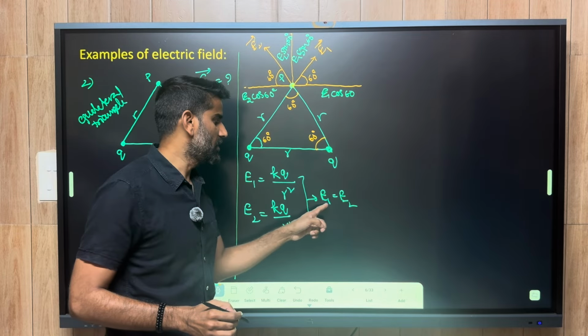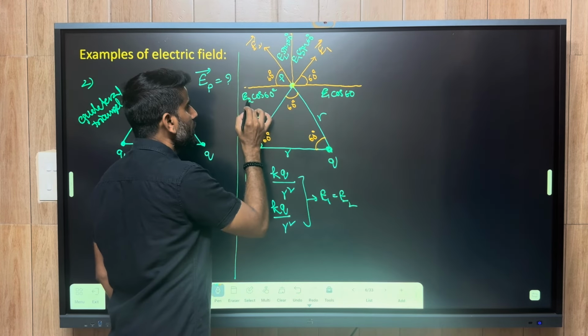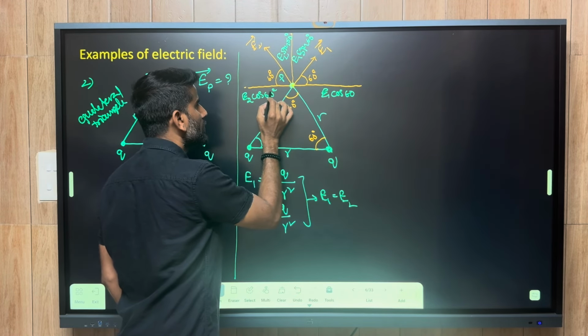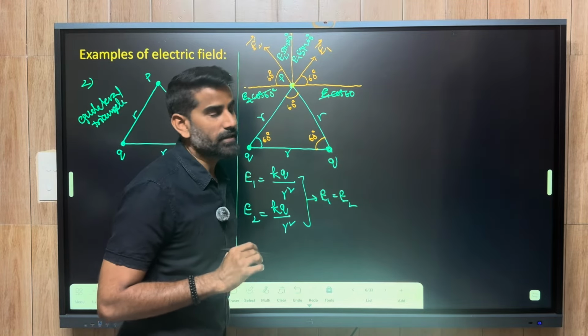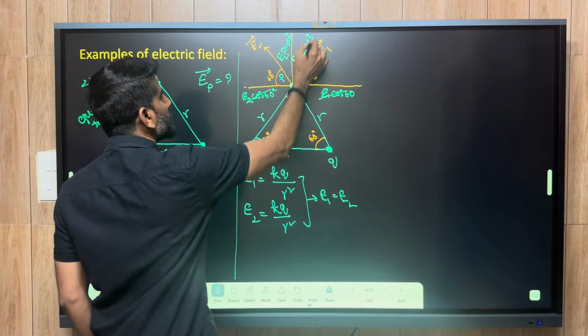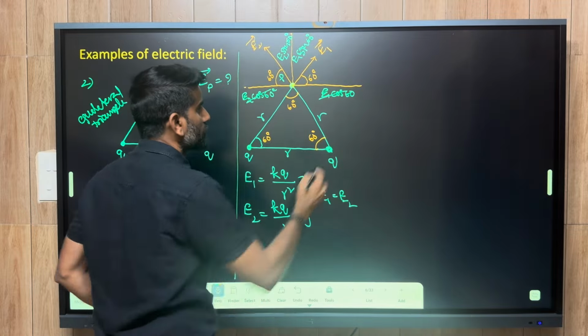As we already know, the magnitudes of E1 and E2 are the same, so E1 is equal to E2. So the E1 cos 60 components get cancelled. What am I left with? E1 sin 60, E2 sin 60.